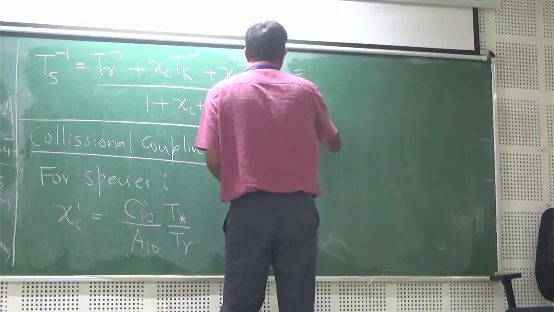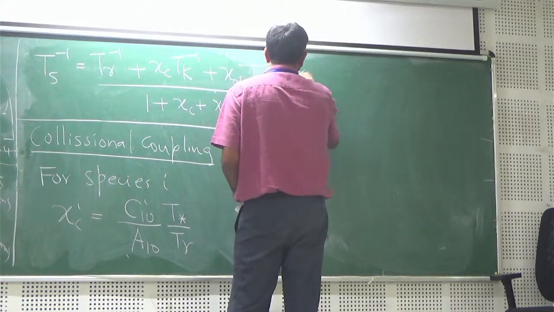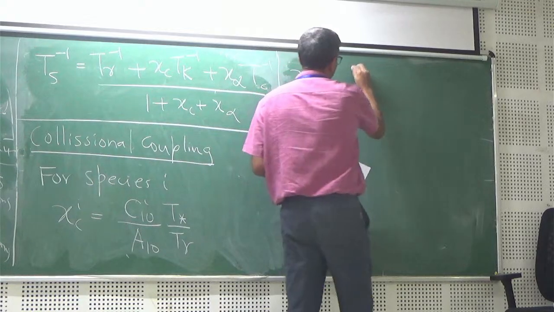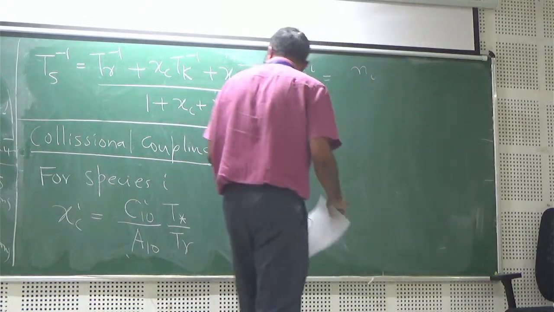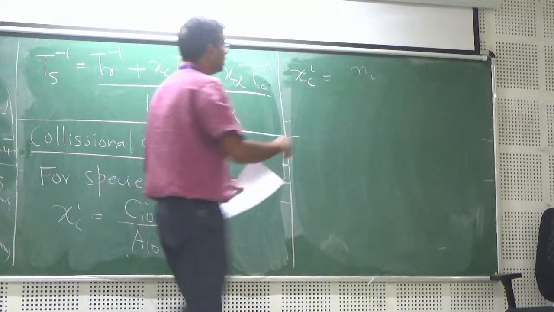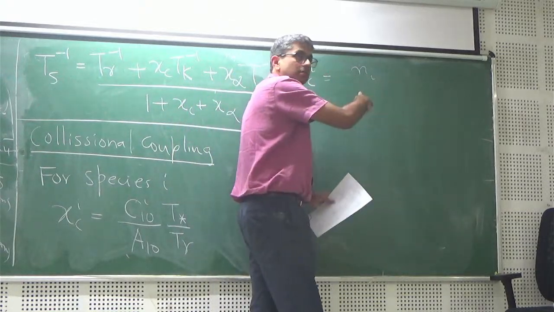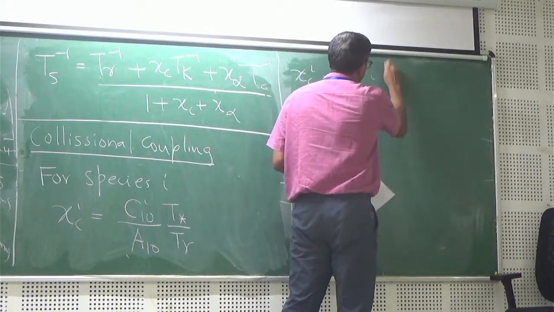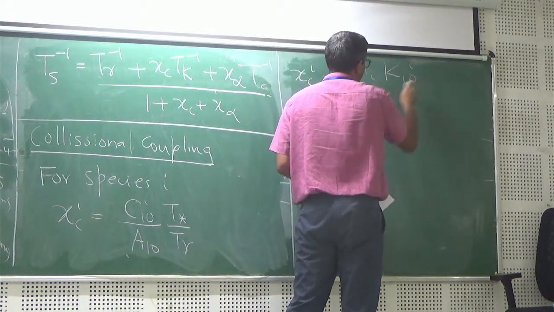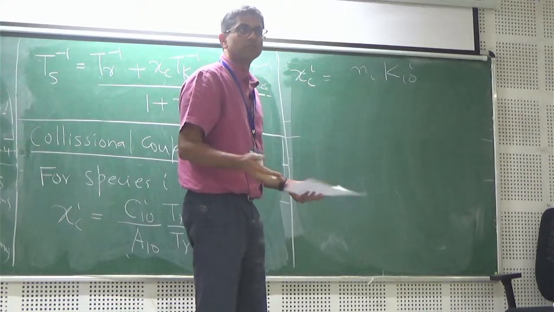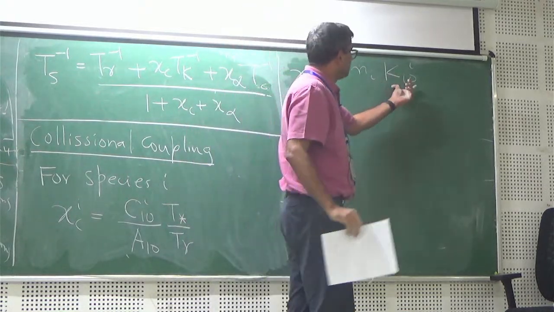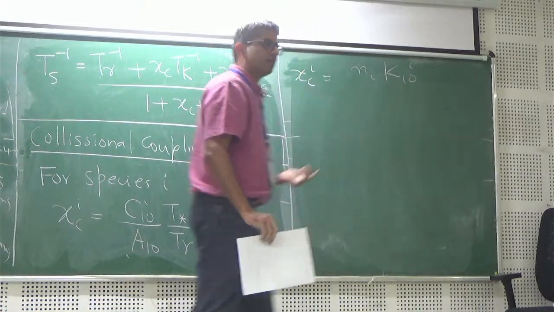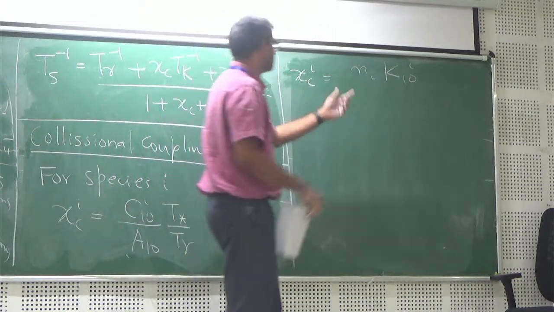So what has been done is this C10,i has been written as n_i, the number density of particles of species i, times kappa 10,i. We have a new quantity coming up now. So the good thing about this quantity is that it's a per atom, per particle quantity. Right? It's of benefit to move from C to kappas.